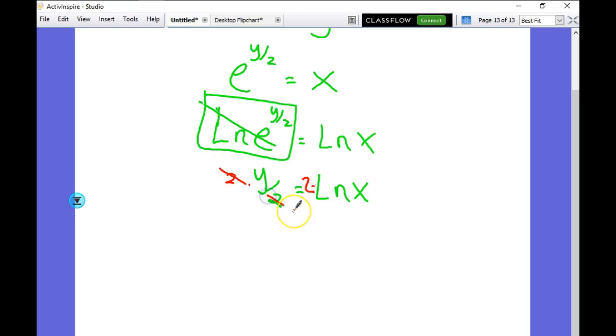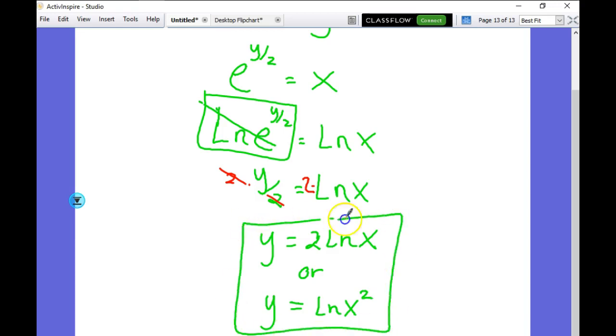So these cancel, and I'm left with y equals 2 ln of x. Now you can write your answer like this, but we can also write it as y equals what? Remember our little rule from Thursday, right? You could take that number in the front, change it to an exponent. I'm not sure how it would appear, but just know that both of those are possible ways to write your answer.